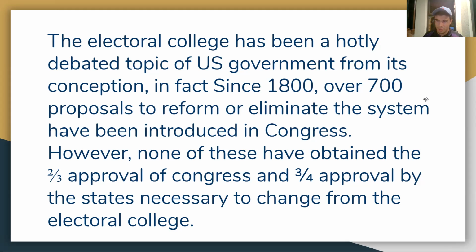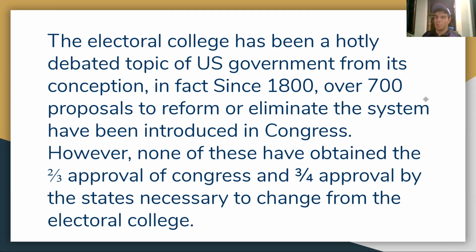One of them did get very close in 1969, the Bayh-Celler Amendment. It actually passed through the House of Representatives. President Nixon gave his approval of it. But when it went to the Senate, it won a simple majority, but for an amendment, you can't just win a simple majority, like you can for the Electoral College in general.